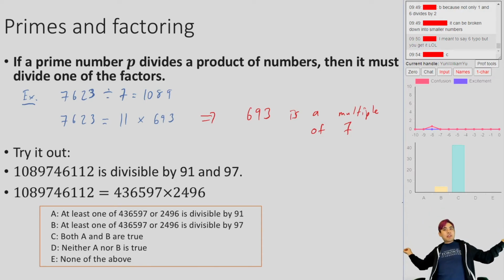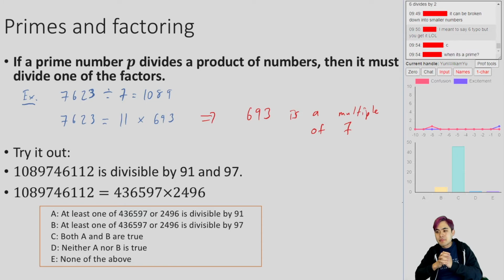So I notice a lot of you have answered, but let me remind you: when is that theorem true? The theorem that's at the top of the slide, when is it true? When it's a prime. Yes, it is only true if it's a prime. Are 91 and 97 prime numbers?